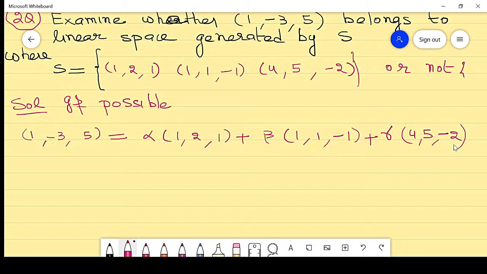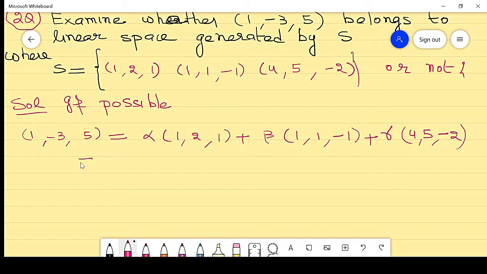So we write it in this form. If it belongs to the linear space generated by S, then this vector is a linear combination of the vectors of S.